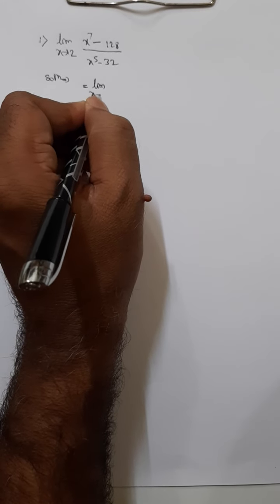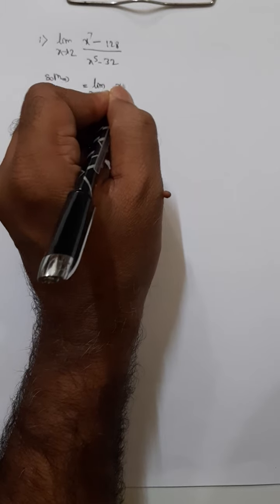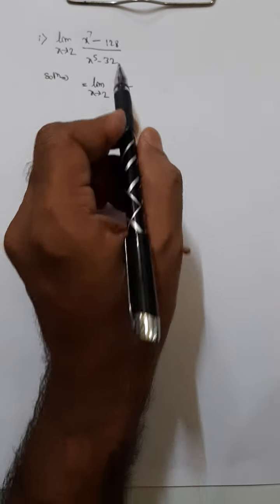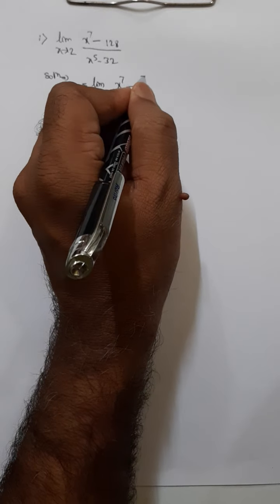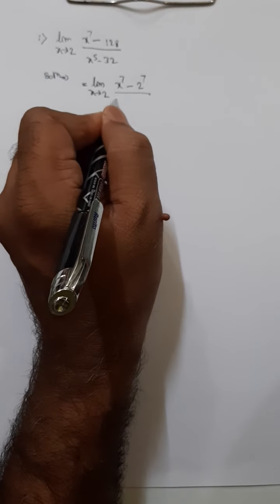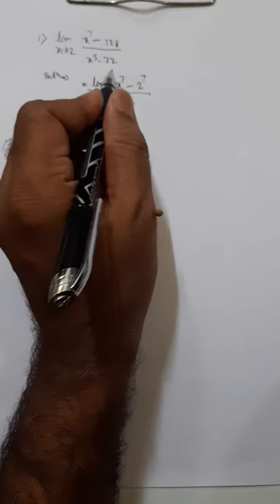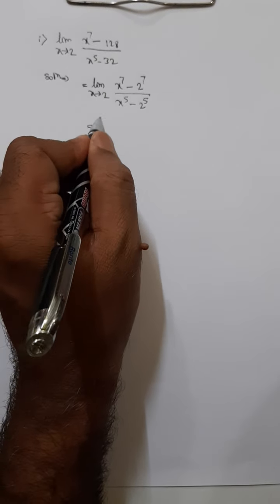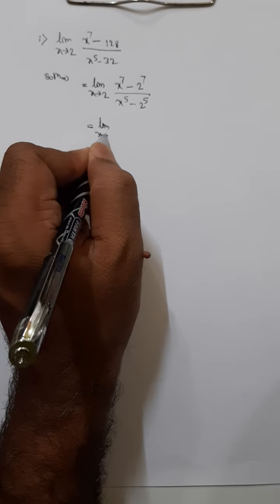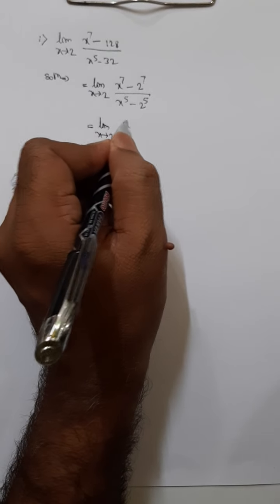So limit as x tends to 2, x to the power 7 minus 128, and 128 is nothing but 2 to the power 7, divided by x to the power 5 minus 32, which means 2 to the power 5.